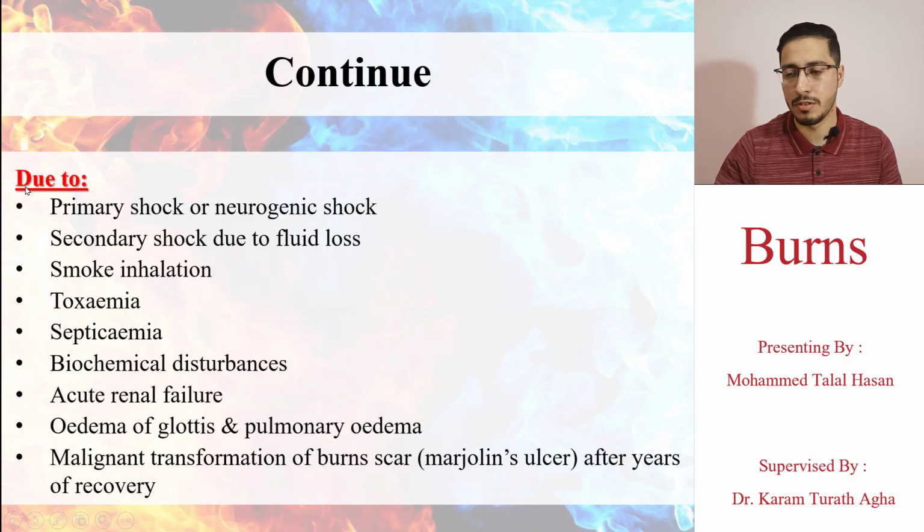The death due to burn: the primary or neurological shock, the second shock due to fluid loss, the smoke inhalation, toxemia, septicemia, biochemical disturbances, the acute renal failure, the edema of the glottis because the airway is not sufficient for breathing, the cutting of the airway, and the pulmonary edema, malignant transformation of burn scar, which is called the Marjolin ulcer, after years of recovery.